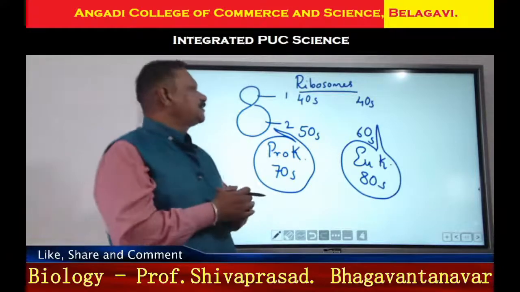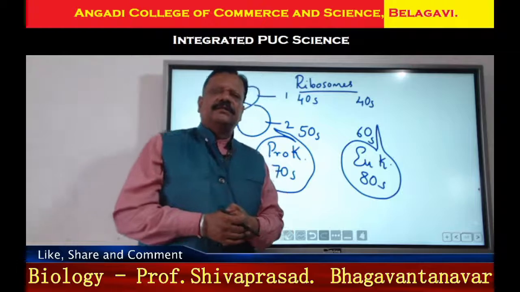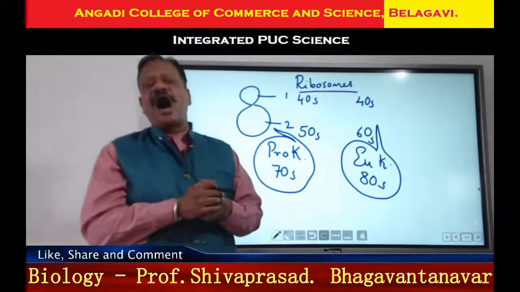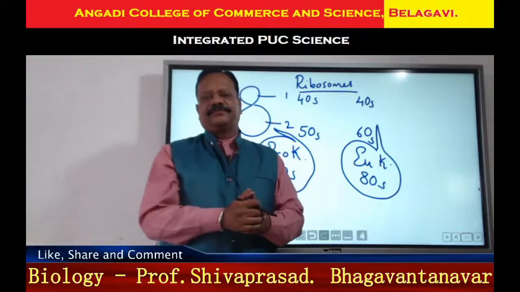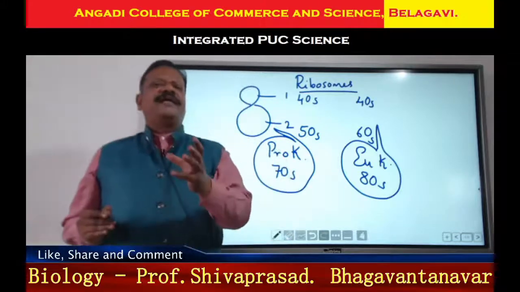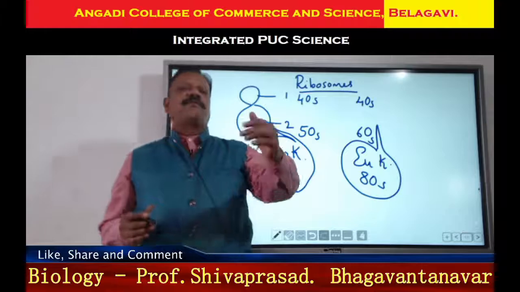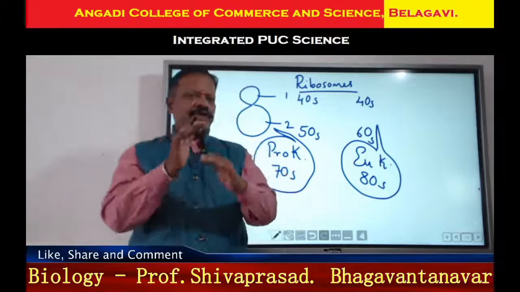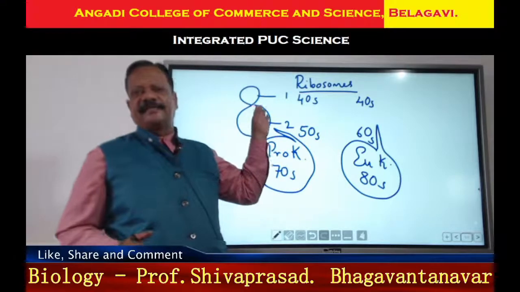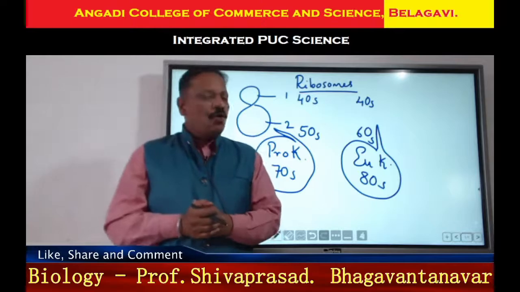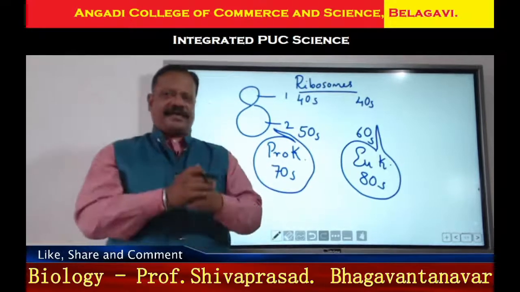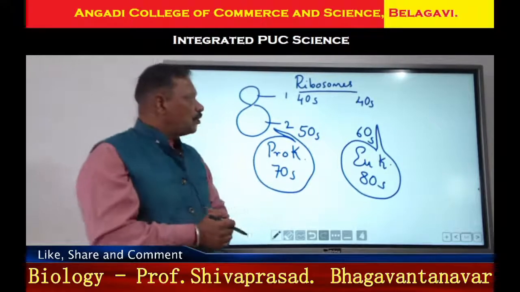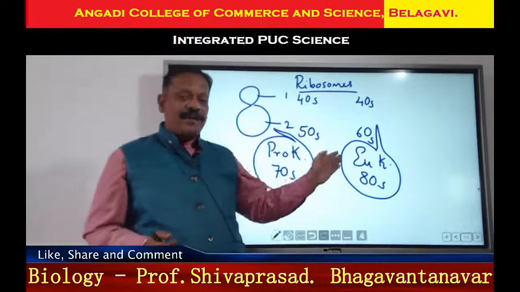Now dear friends, just see, the ribosomes are the sites of protein synthesis. Whatever protein is synthesized in the cell or the body, it totally depends on these ribosomes. So we call ribosomes the protein factories, the sites of protein biosynthesis.